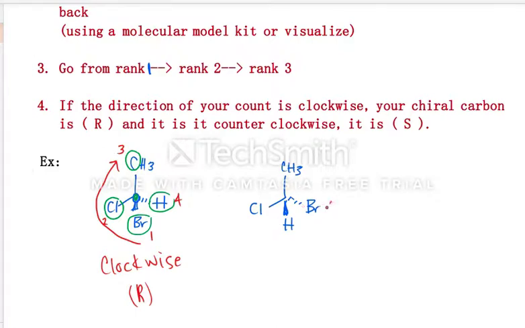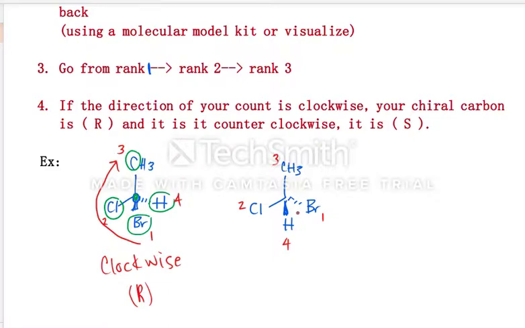Alright, so bromine is number 4. Chlorine, oh, what did I say? Bromine is number 1. Thank you for catching that error, if you did. Chlorine is number 2. Carbon is number 3. And hydrogen is number 4.